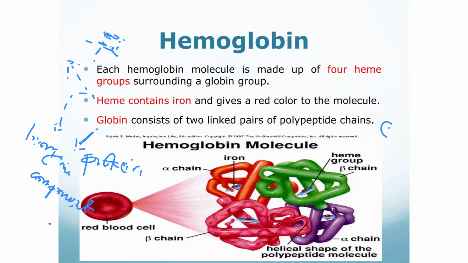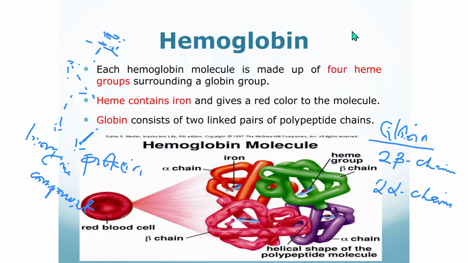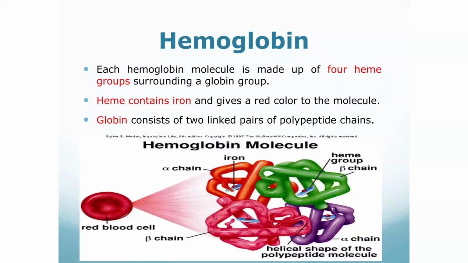Now let's look at the protein component of the hemoglobin. The protein component, that is the globin, is made up of two alpha chains and two beta chains. Each of the alpha chains contains 141 amino acids, and each of the two beta chains contains 146 amino acids.